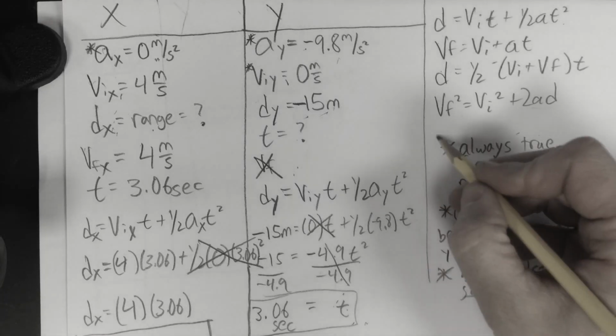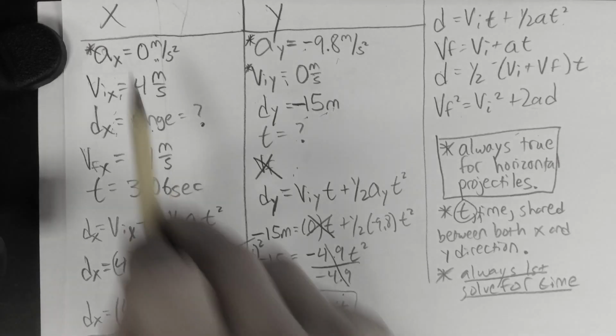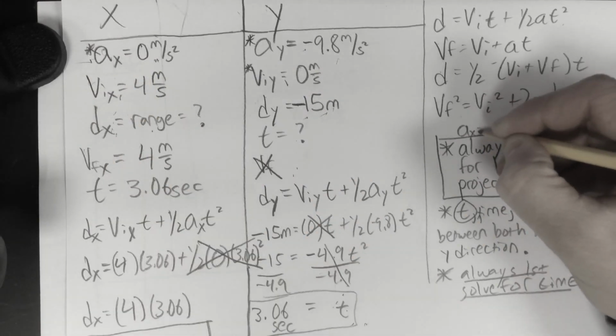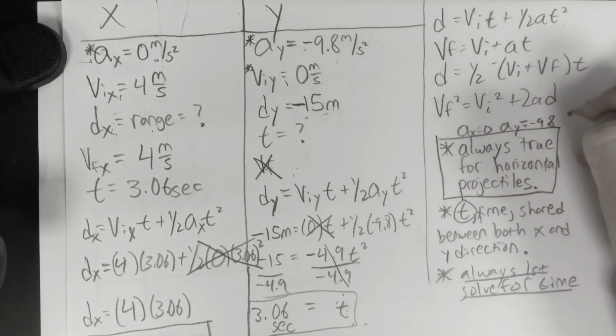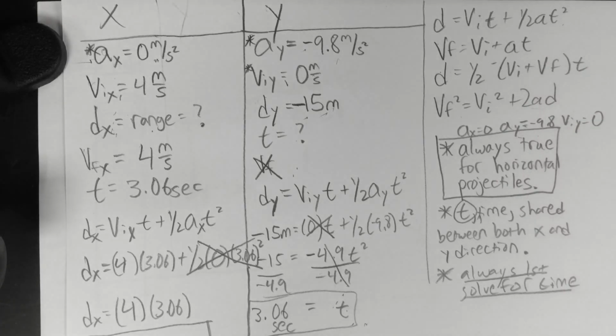All right, so remember our stars, right? Always true. What we start over here is that we've got ax equals 0, ay equals negative 9.8, and viy equals 0, like a dropped object. All right, so go ahead and try the next problem and use this one as a guide.